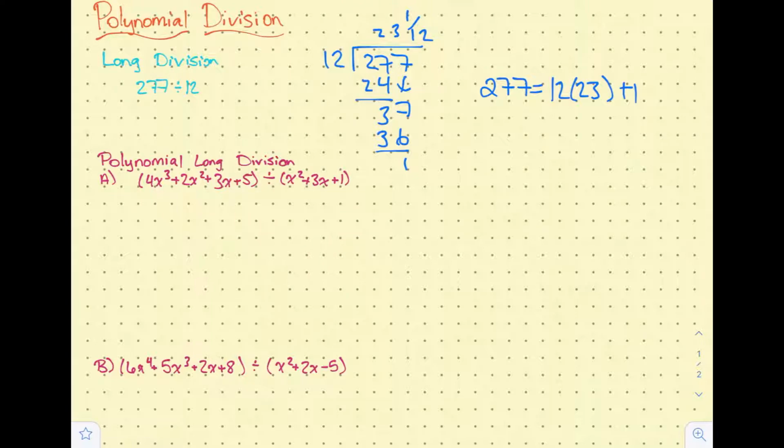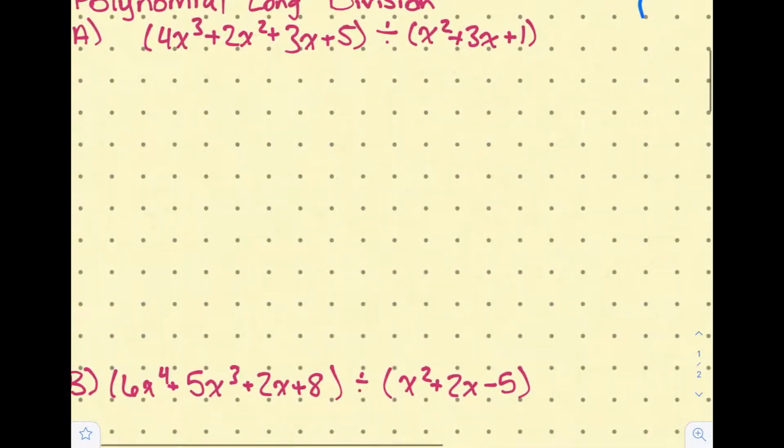So to divide two polynomials, we're going to use long division. We'll set it up the same way. If I want to divide 4x cubed plus 2x squared plus 3x plus 5 by x squared plus 3x plus 1, I'll put the x squared plus 3x plus 1 in the same place I put the 12.